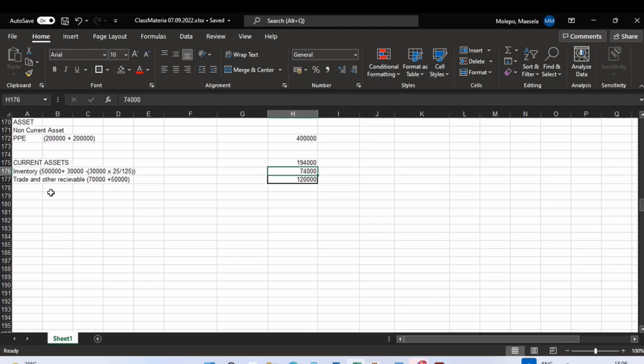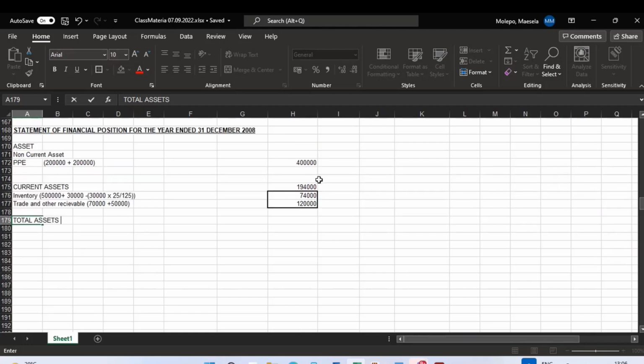Then we're going to have total assets. The total assets is how much? We add our 400 plus the others. 594,000, sir. Then it's 594.